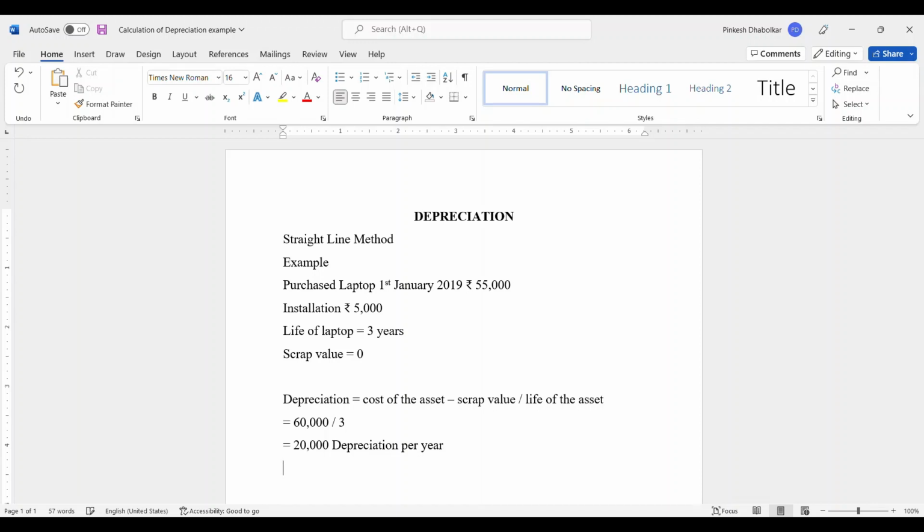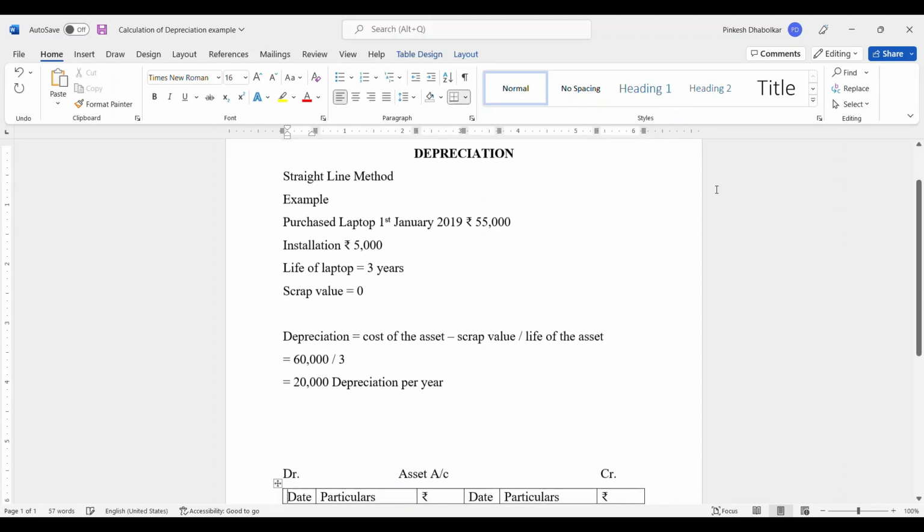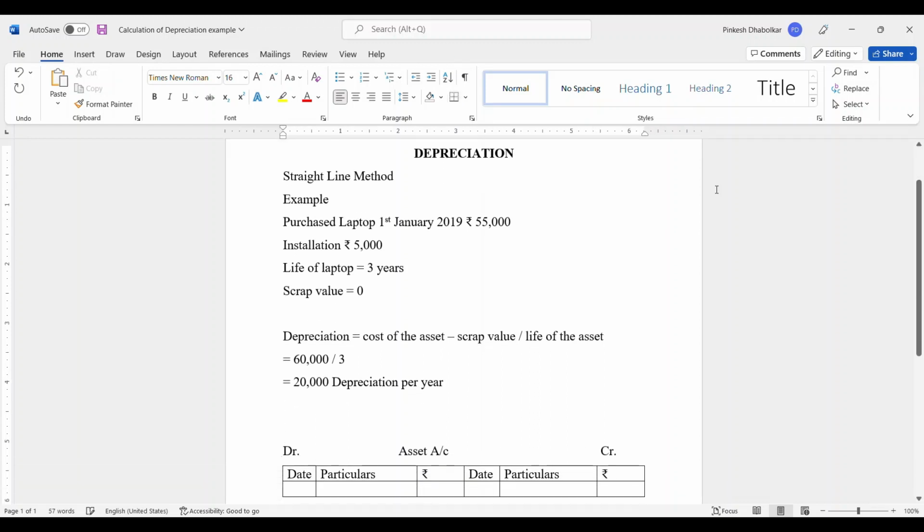So let us prepare a ledger account showing the workings and how the depreciation will be charged for the asset account, for which I create asset account, debit side, credit side. On the debit side, our first entry will be, when did I purchase the laptop?